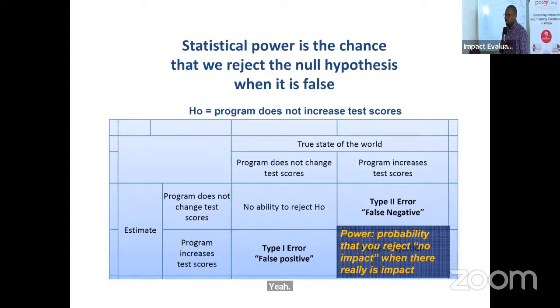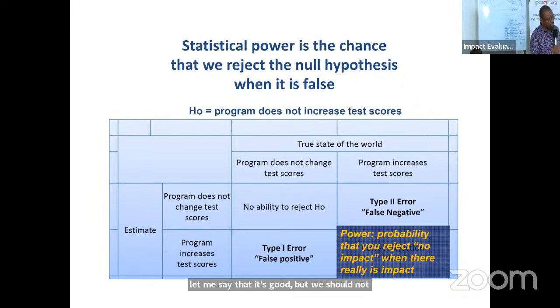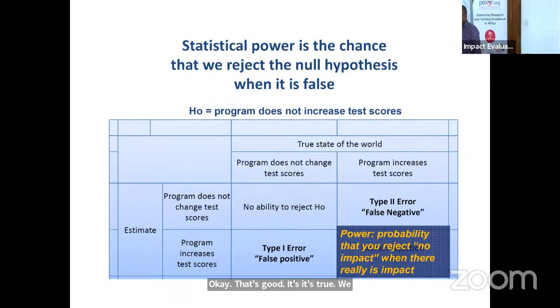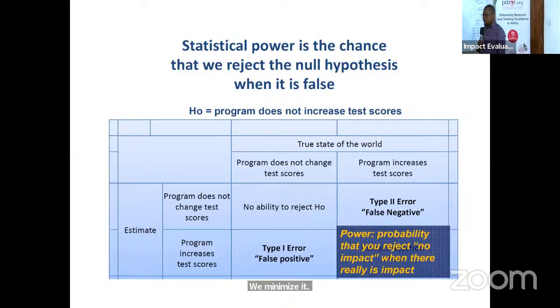You are accepting a false hypothesis, type 2. But with type 1, I cannot say that it's good, but we should also try to minimize it. Okay, that's good. It's true. We minimize it, and we will get to that. We are rejecting a false hypothesis, meaning that we can later accept it when we discover that we rejected it.